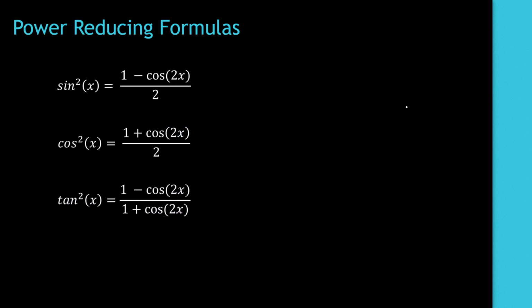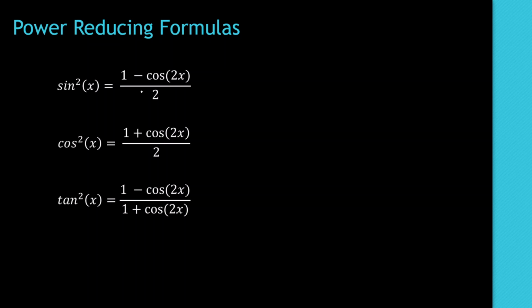Okay. All right, now if we rearrange these formulas, we get what are called the power reducing formulas. Okay, so we're going to take those and lead them into our half angle formulas that we do in my next video.